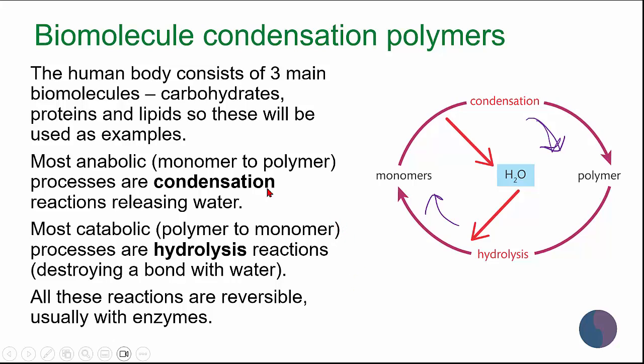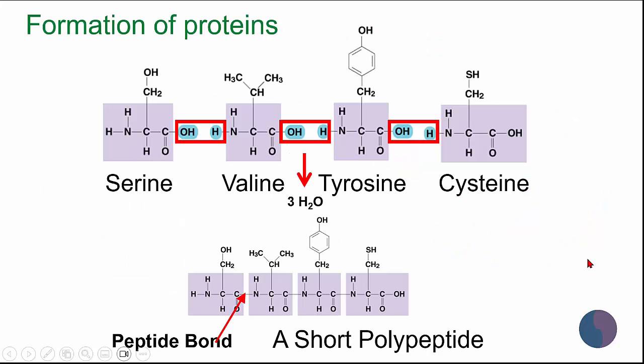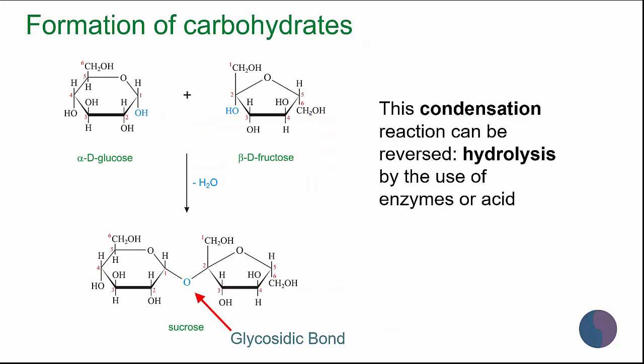All right, so we'll just go through the three main biomolecules: carbohydrates, proteins, and lipids. So proteins is still an amide, but we call it a peptide bond, so nothing different there. Moving on. Carbohydrates is different. This is just two alcohols now, so that's not meant to work, but it will because we have enzymes and the cell can do it.